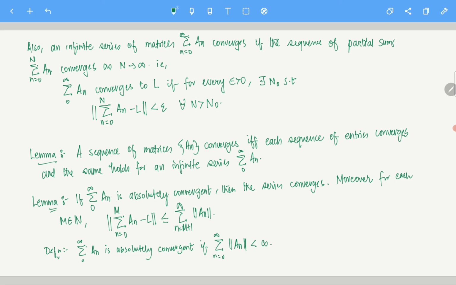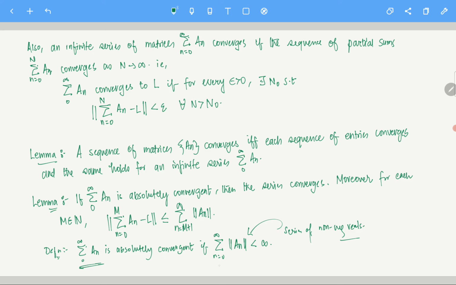Clear? This is a series of non-negative reals. If this series converges, then the infinite series of matrices is absolutely convergent. Once it is absolutely convergent, then the original series converges.